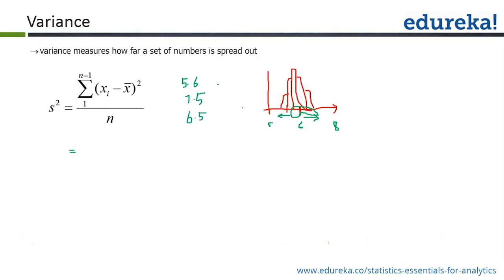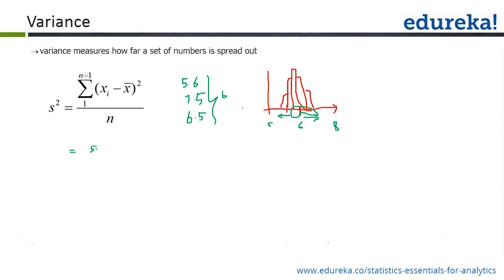The average here is 20 by 3, somewhere around 6.5, but for the sake of simplicity let us assume that the mean here is 6. So how to calculate variance is basically by doing the following.